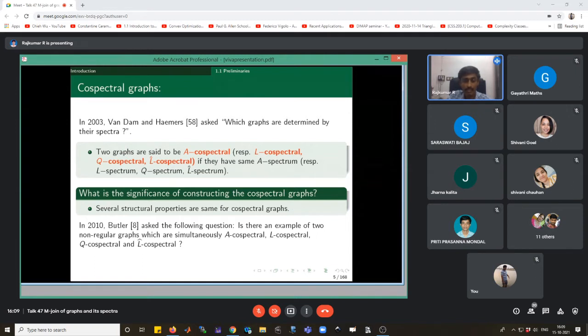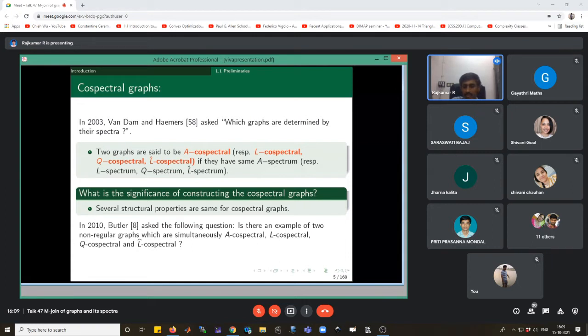So in this direction, in 2010, Butler asked this question: is there an example of two non-regular graphs which are simultaneously A co-spectral, L co-spectral, Q co-spectral, and L-cap co-spectral? Of course, this question was an unsolved question, but now we have solved this.